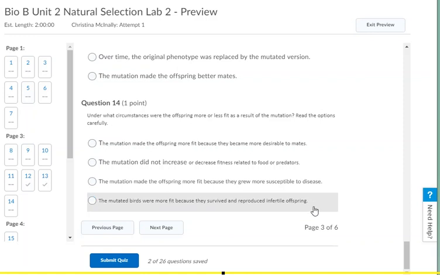No, because you couldn't reproduce. So this is not a true statement, this is not a true statement, and this doesn't affect the fitness. The question asks in which of these were the offspring more or less fit, right? So it would have to be the first one. The mutation made the offspring more fit because it made them more desirable to mates.